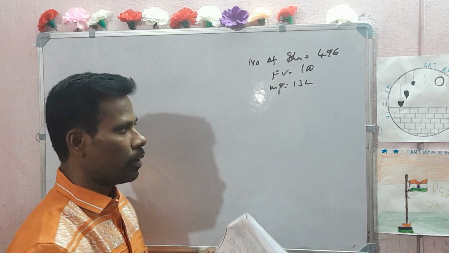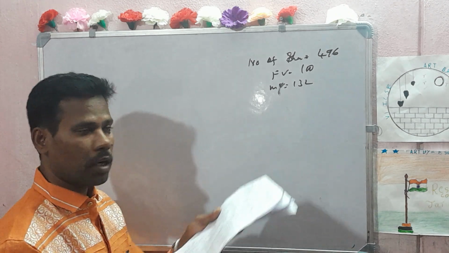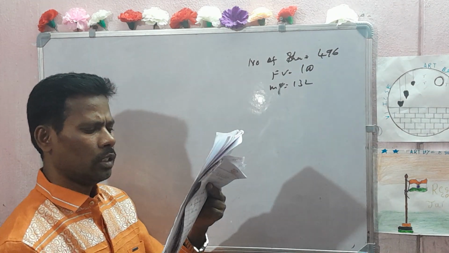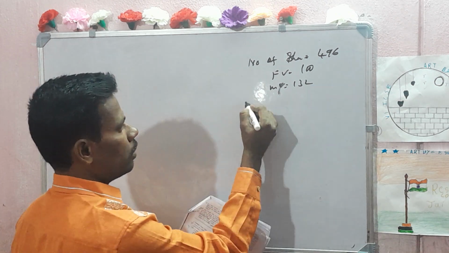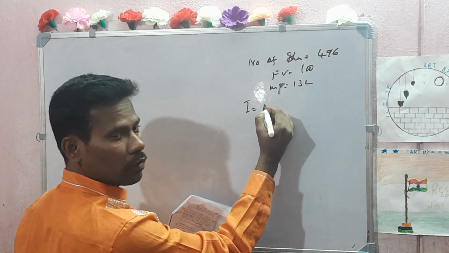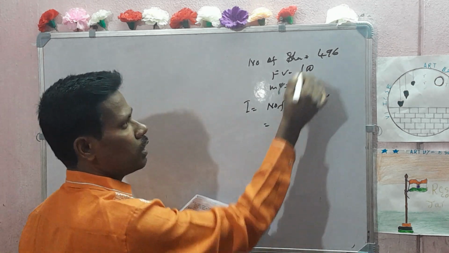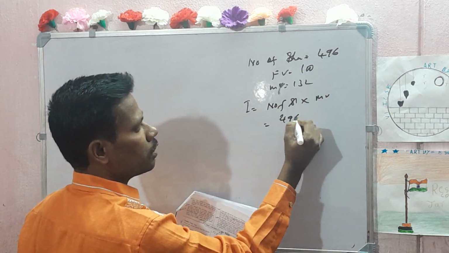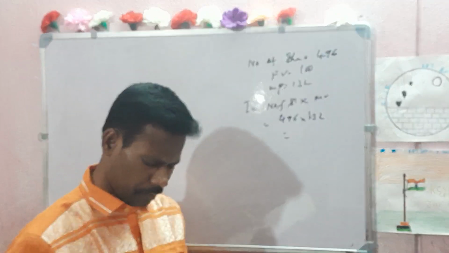Find the investment made by her. Investment is number of shares into market value. Number of shares is 496 into market value 132. Multiply it, you will get the answer.